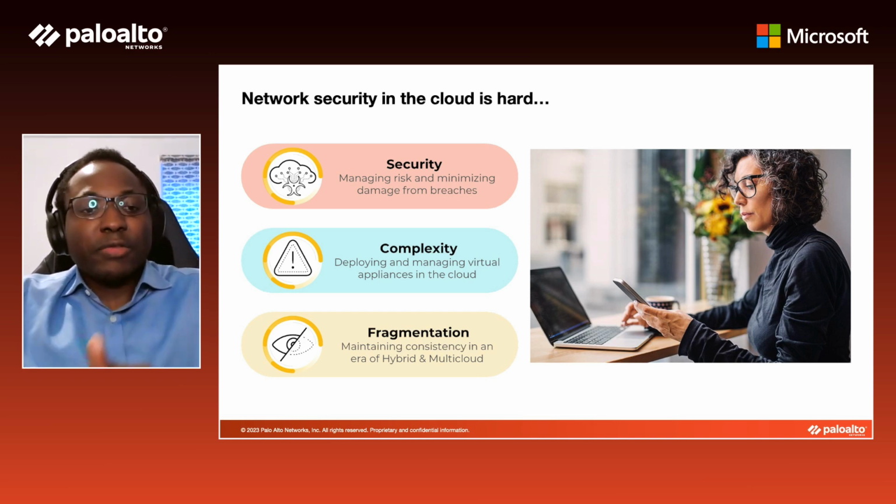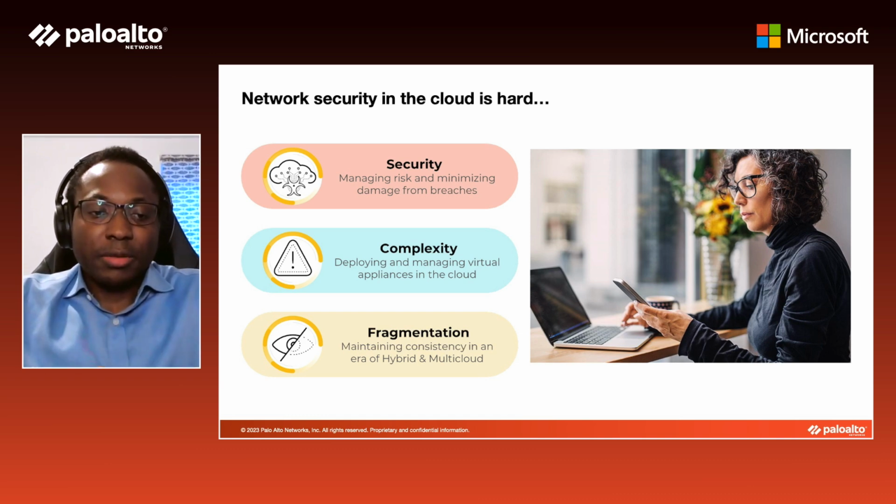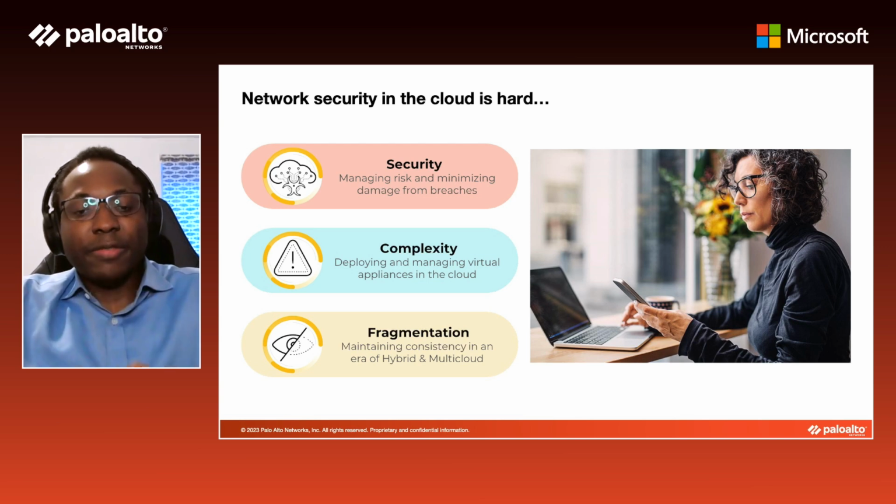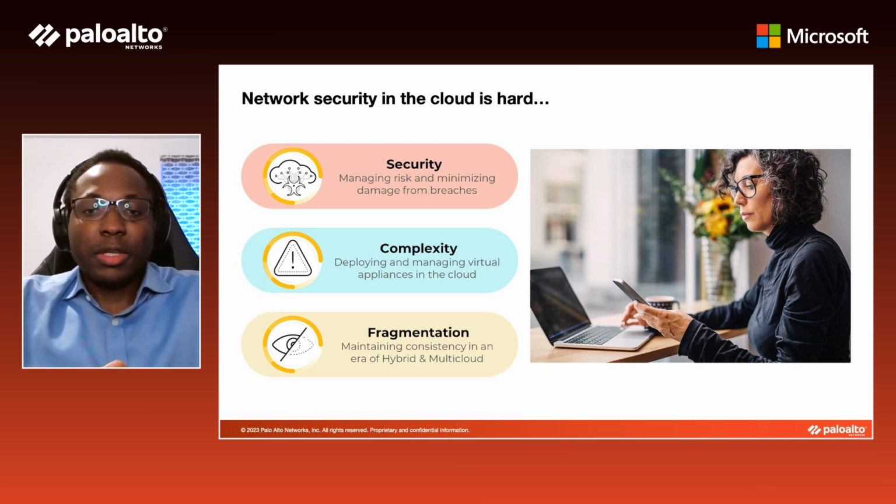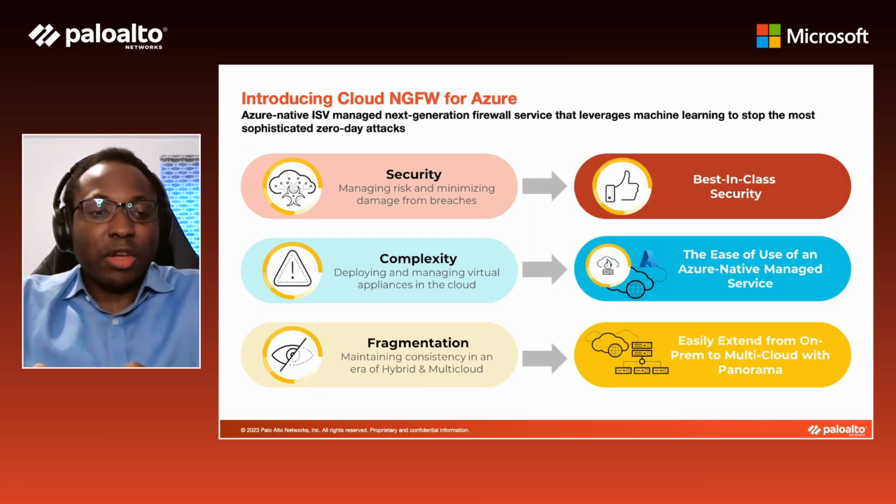This is why Microsoft and Palo Alto Networks built the Cloud Next Generation service. This is the first and the only native next generation firewall service in the Azure cloud. It offers best-in-class security because for the 11th straight year, Palo Alto Networks was named a leader in the Gartner Magic Quadrant for network firewalls.